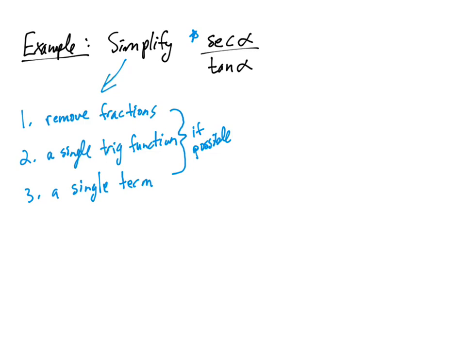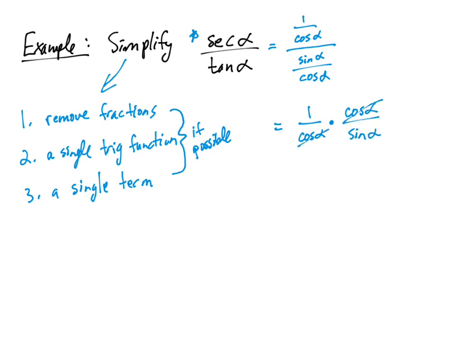All right, so secant of alpha divided by tangent of alpha. A useful strategy for something like this is to convert everything into sine and cosine. So secant of alpha is equal to 1 over cosine of alpha. Tangent of alpha is equal to sine of alpha divided by cosine of alpha. When we are dividing fractions, we can multiply by the reciprocal, and we can cross cancel the cosine alphas.